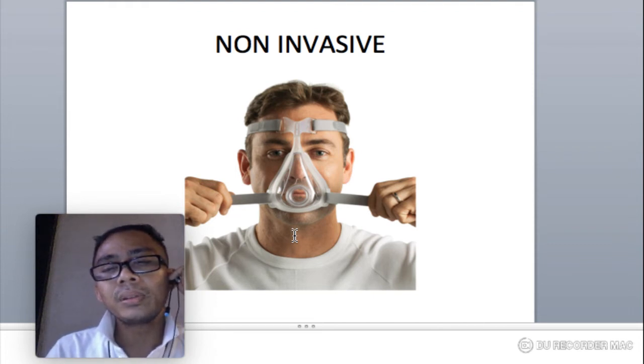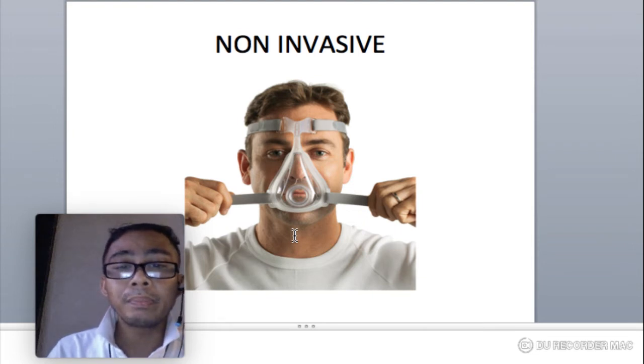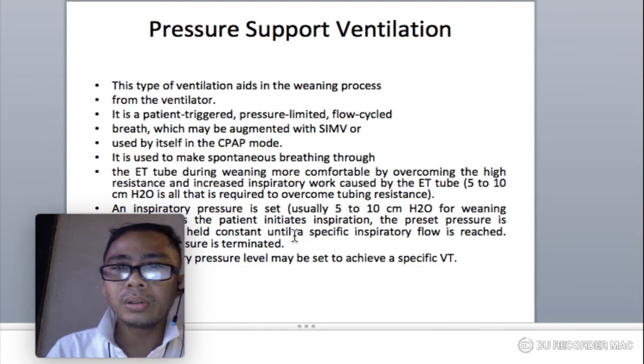The patient is placed on a harness called the BiPAP mask or the CPAP mask. It is a strategy used before, per guidelines, in UPPGH. Before you intubate the patient, there is a trial and error. You try the patient with a BiPAP mask or use the NIV mode before going to invasive mechanical ventilation. We have also the other mode, the pressure support ventilation.